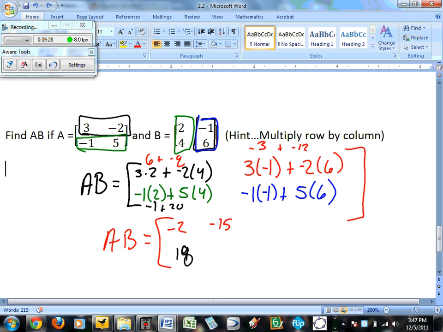Sorry, I said 19 at first. And in the bottom right, I'm going to have a positive 1 plus 30, so 31. So we multiply row by columns, and that's how we do AB here.